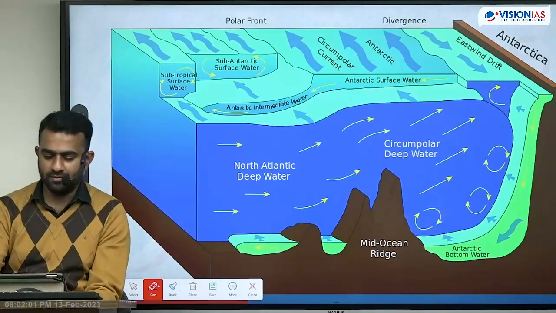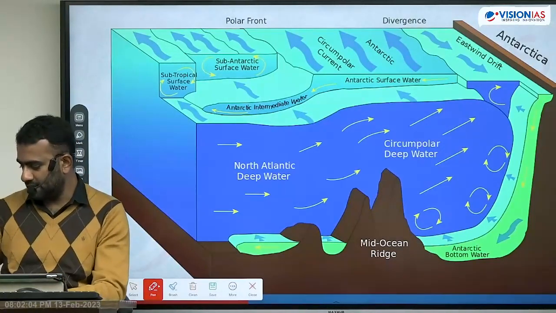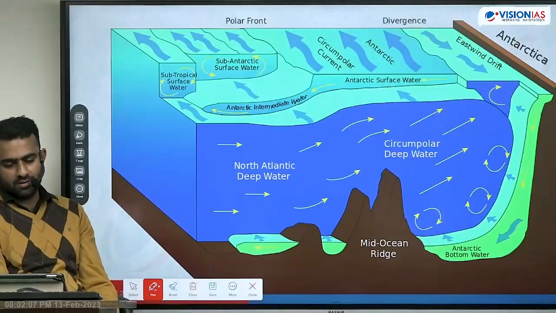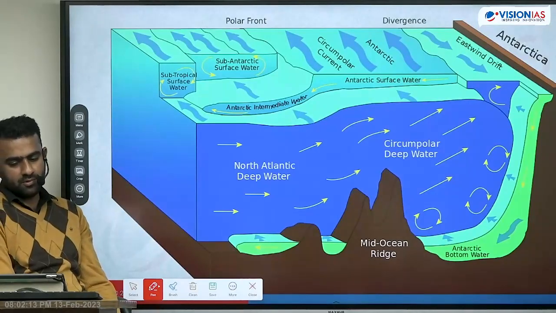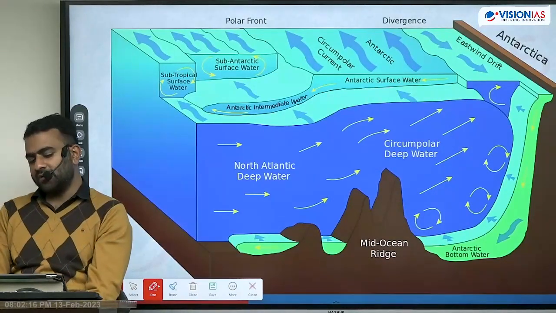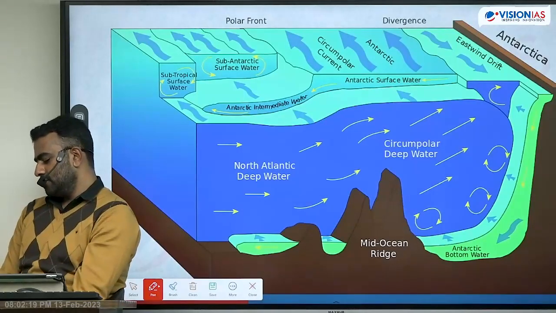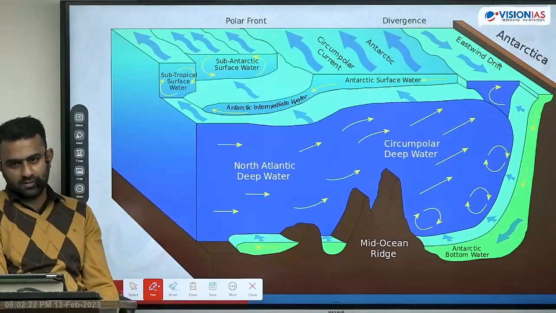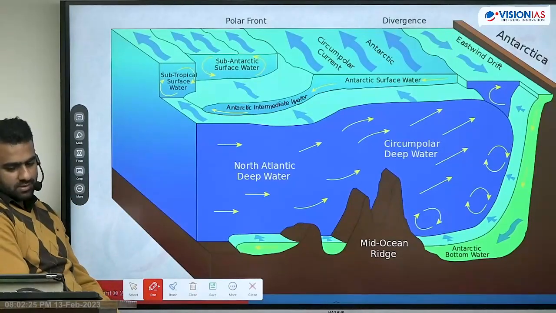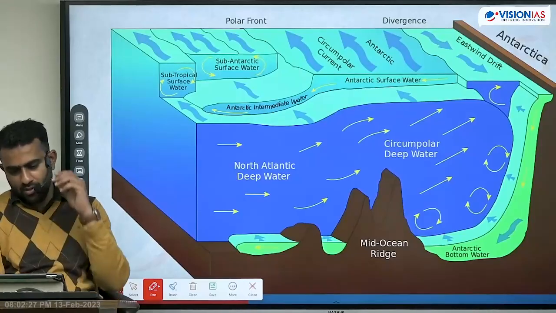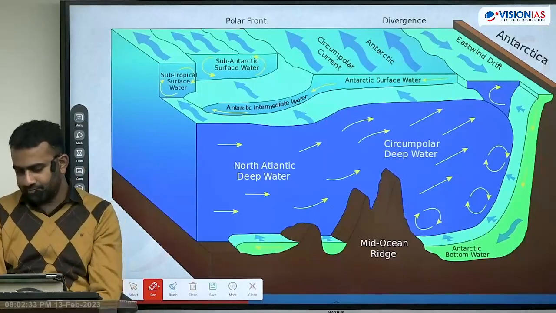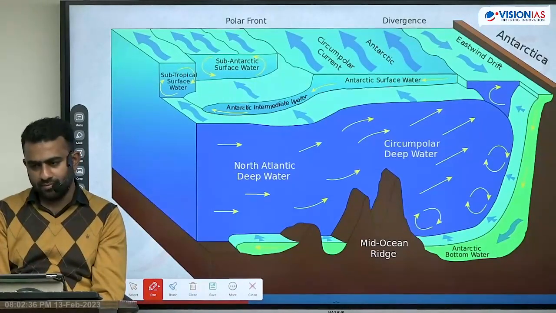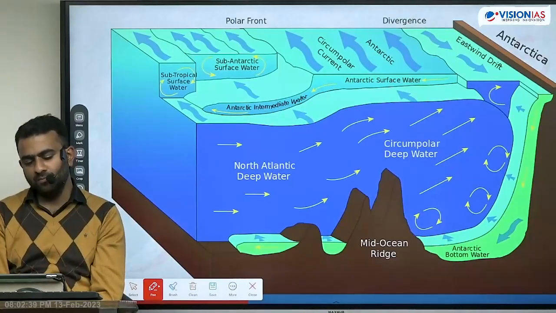They result in upwelling and downwelling. Next point. The movement of water mass helps in distribution of temperature, salinity and oxygen.